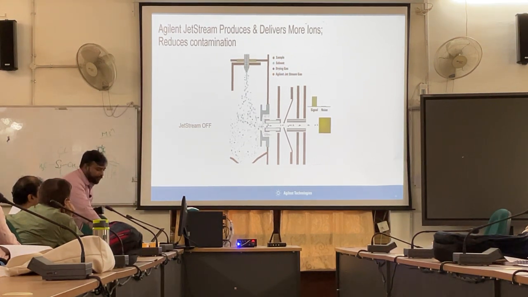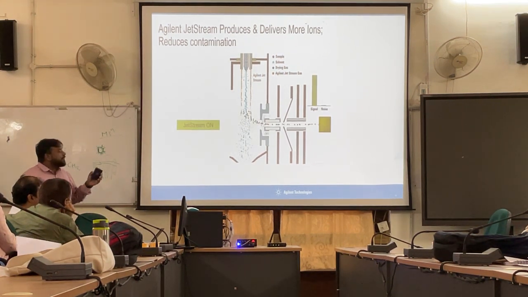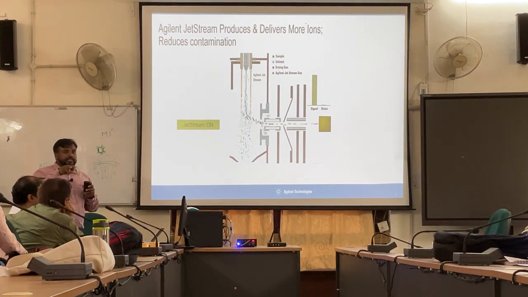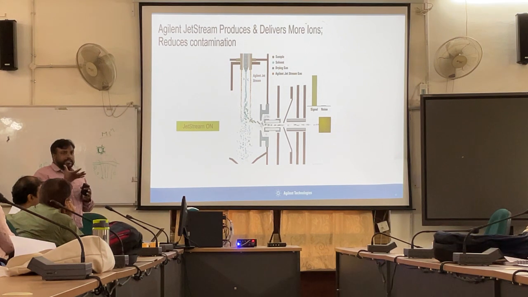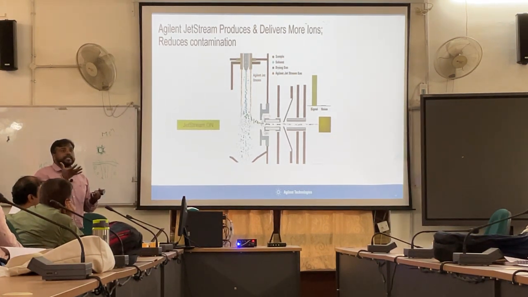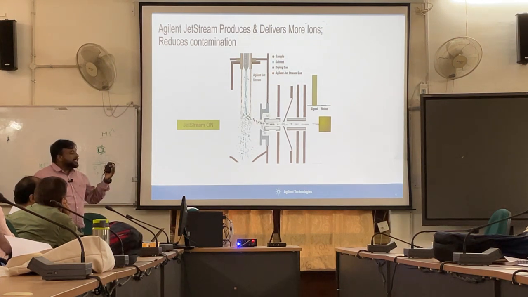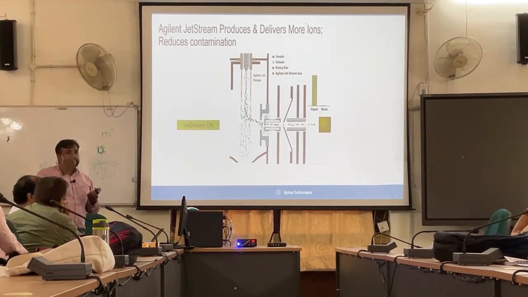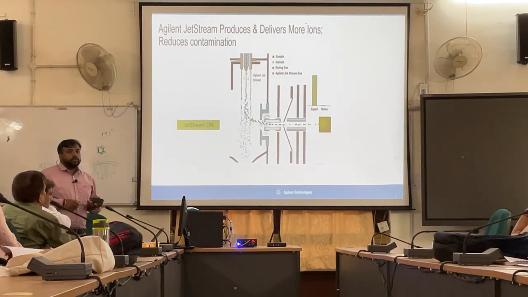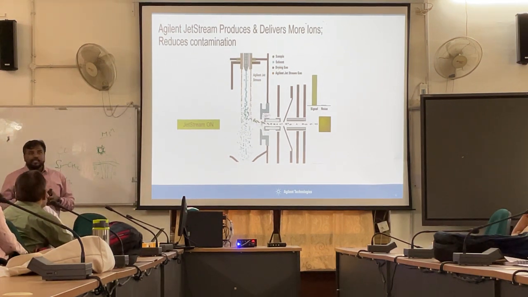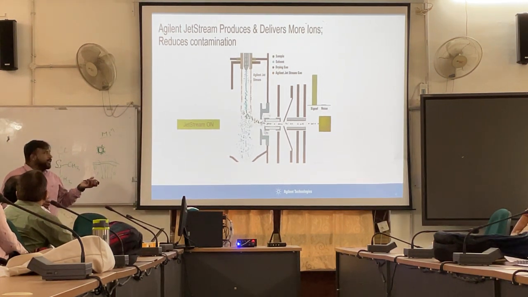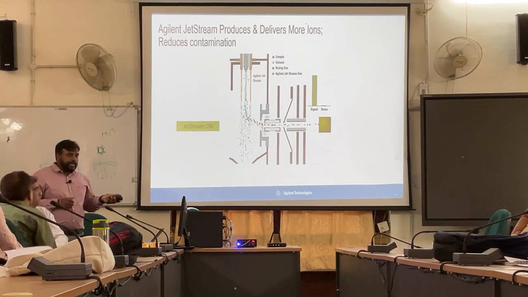If we are using AGS, then we are applying extra heated nitrogen, so the desolvation happens faster compared to the normal ESI. So the liberation of ions will increase in this source. The intensity increases almost 5 times. Whatever intensity you are getting in the normal ESI source, with AJS you will get more than 5 times higher intensity.